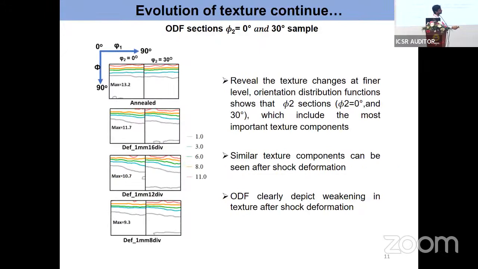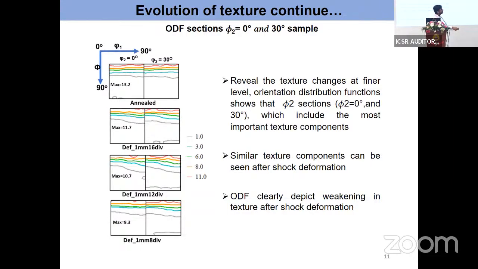By this also we have no new texture component. For a finer level of study, we can use ODF, and it also gives a similar texture component, and it also clearly says that weakening of texture is happening.